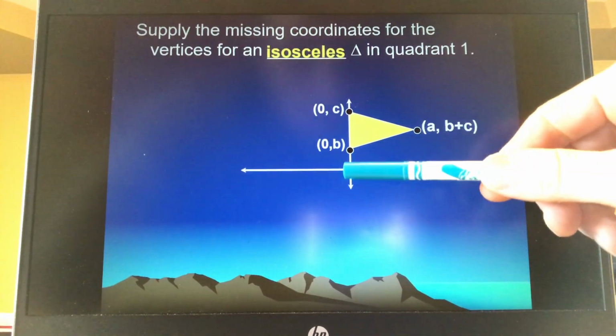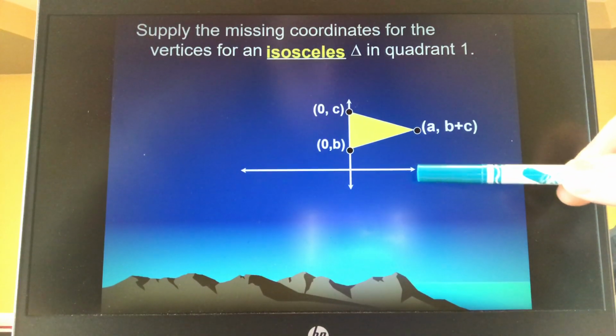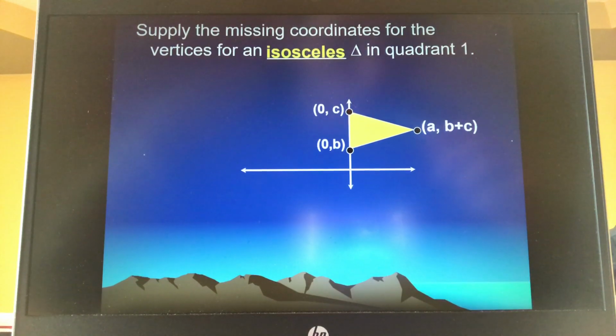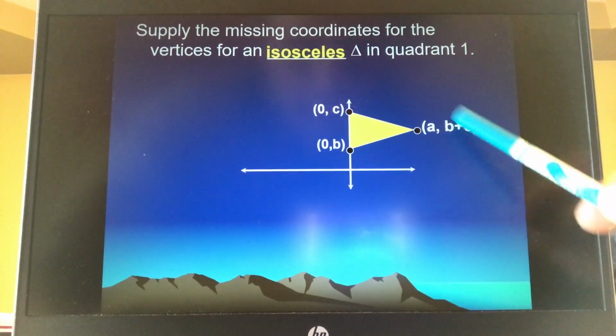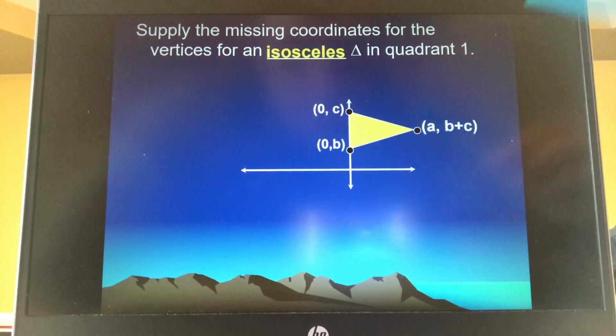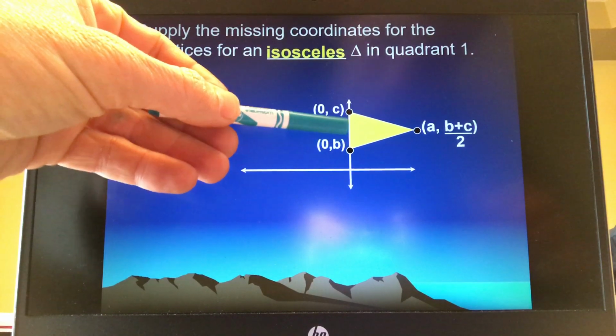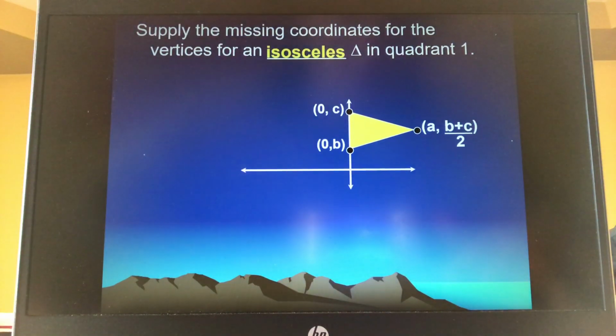The X coordinate here has nothing to do with B and C, so I just call that A, comma something. Some people think, well, maybe you add B and C together or subtract them, you can get that point. Close. If I add them together and divide by 2, in other words, I find the midpoint of these two, that's telling me the y coordinate. So the sum of B and C divided by 2 will give me the y coordinate of that missing point.